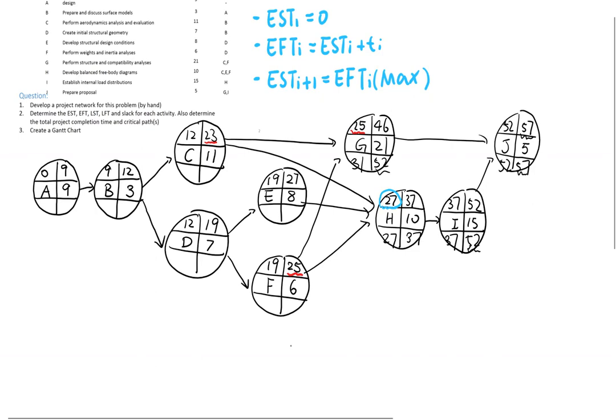Activity C has two successors, G and H, and we are choosing between those two values, day 31 or day 27.